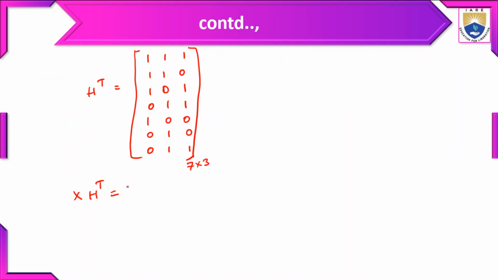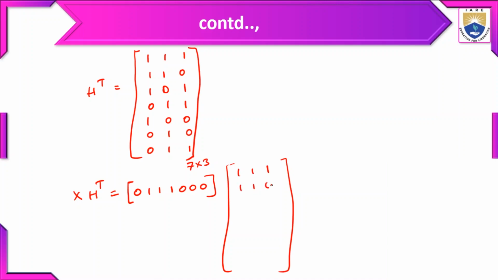Okay, so my X is equal to 0 1 1 1 0 0 0, which is going to multiply with this matrix: 1 1 1, 1 0 1, 0 1 1, 1 0 0, 0 1 0, 0 0 1.